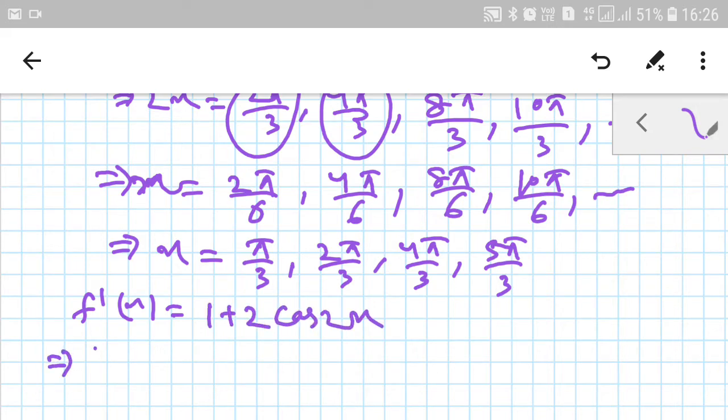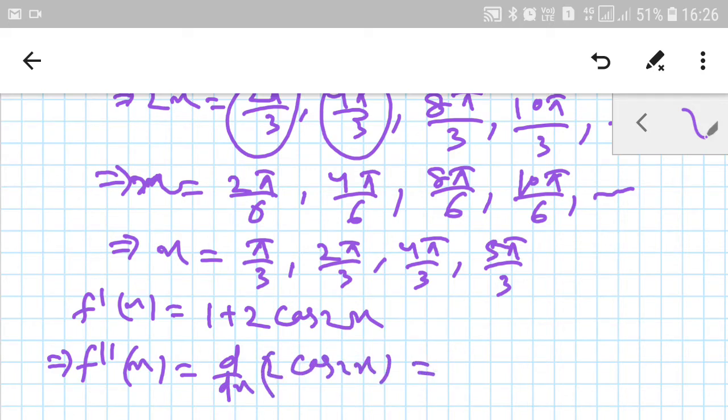So I have to get here f double dash x, which is equal to the derivative of 2 cos 2x, because the derivative of 1 is 0. So it will be 2 into cos 2x, derivative is minus sin 2x multiplied by minus 2.